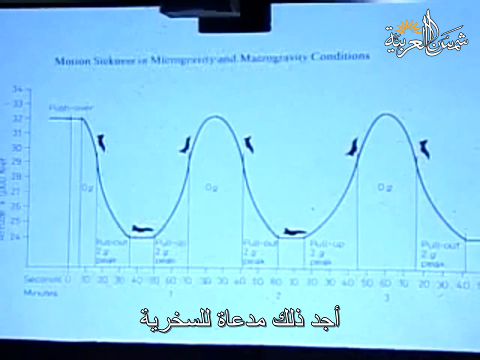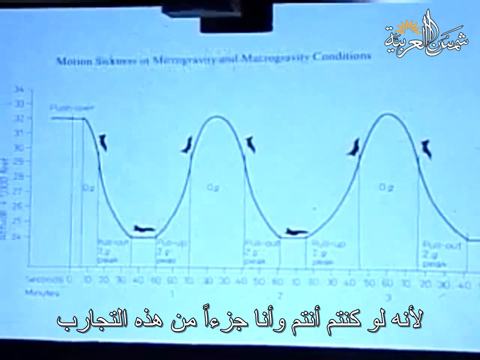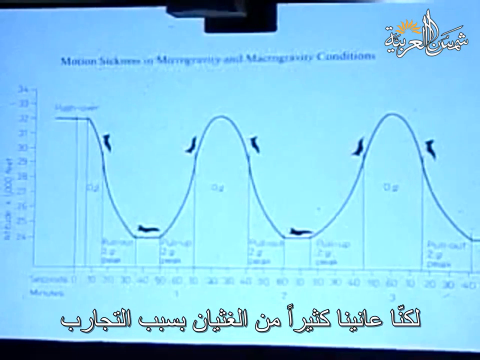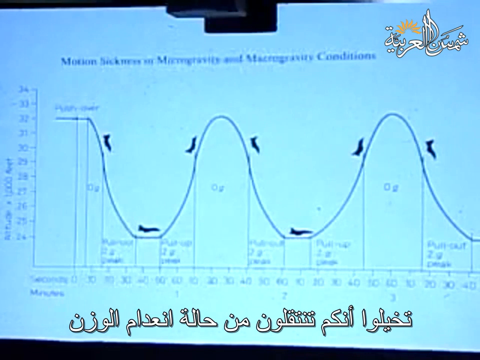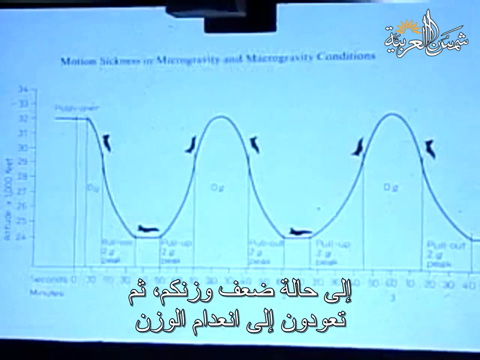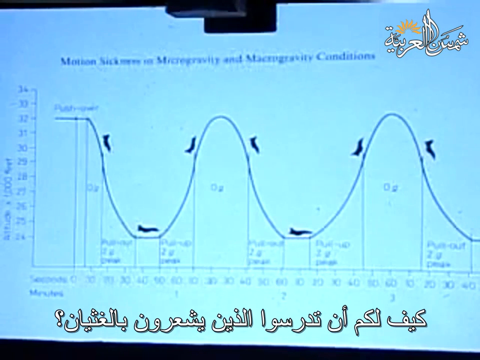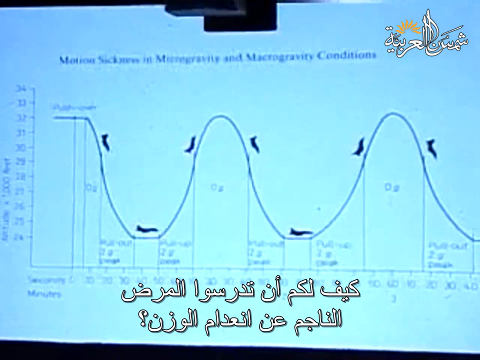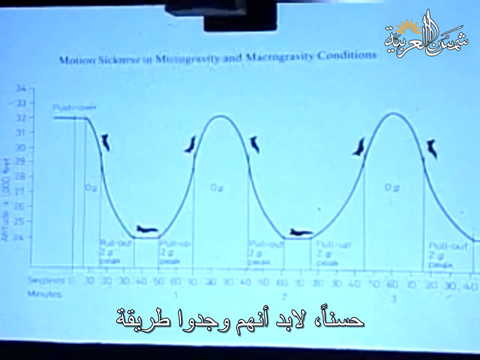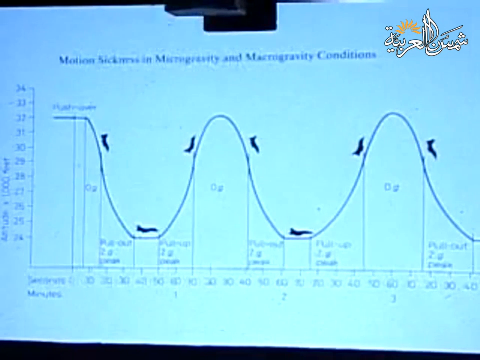I find it rather ironic, because if you and I were part of these experiments, we would get terribly sick because of the experiments. Just imagine that you go from weightlessness into twice your weight back to weightlessness. We would be puking all day. How can you study people who are sick? How can you study the sickness due to weightlessness? Well, they must have found a way. They do this about 50 times per day.